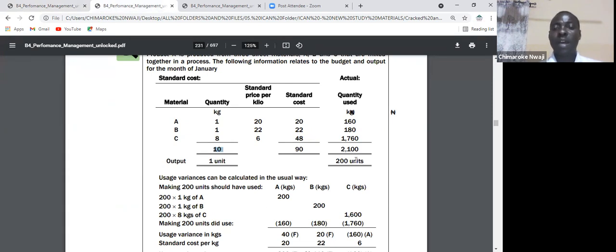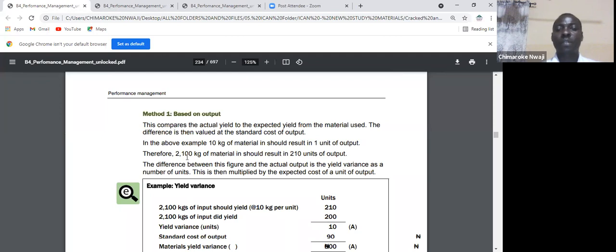Now we used 2,100 kilograms to make 2,000 units. And so see what it says here. If we use 2,100 kilograms, how many units should we get? We simply divide 2,100 kilograms by 10 kilograms. It should result in 210 units.